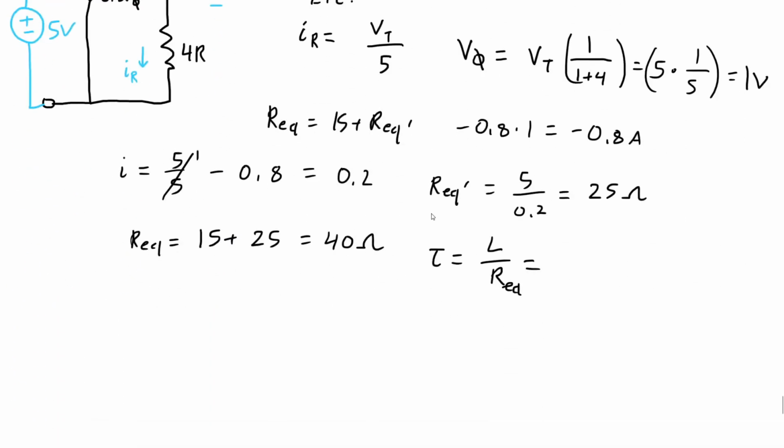Yes, 80 millihenry, divided by 25, or not 25, divided by 40 ohms. This is going to be 40 milliseconds, which I believe is 1 over 250. Let me see. 40 minus 3. 25. Okay. So tau is 1 over 25 seconds.